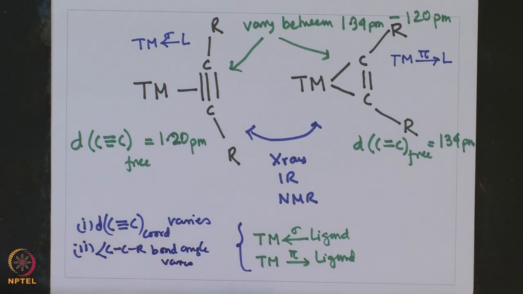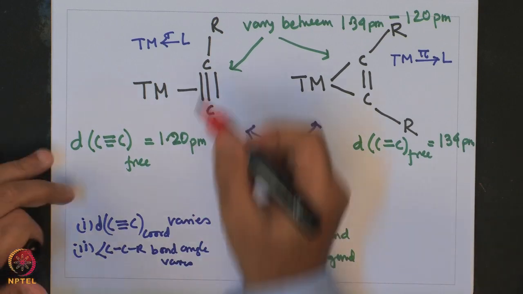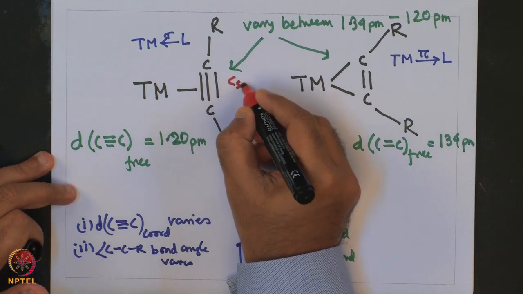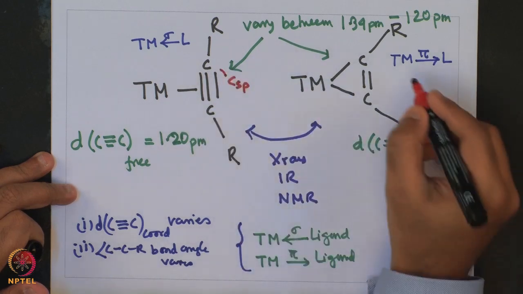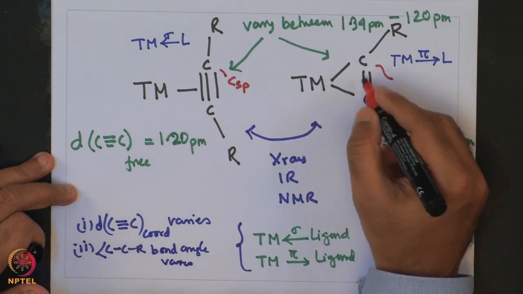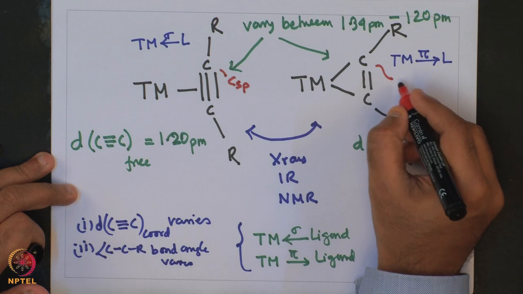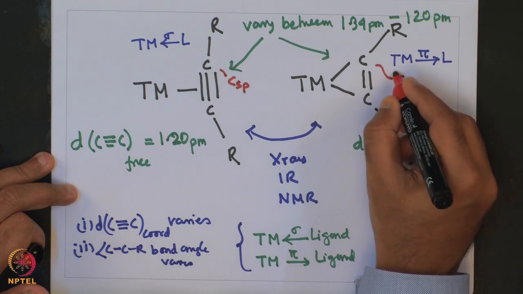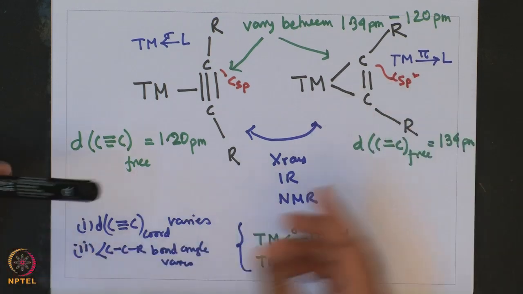That occurs because in the acetylenic form this is more towards sp kind of hybridization, whereas in the ethylene C double bond C this is more towards sp2 type hybridization.